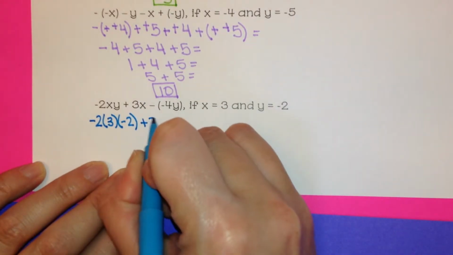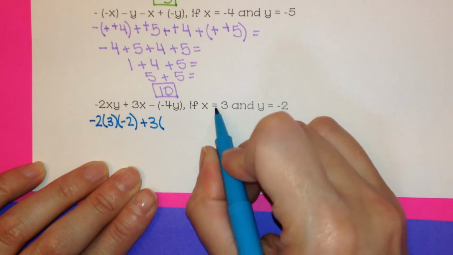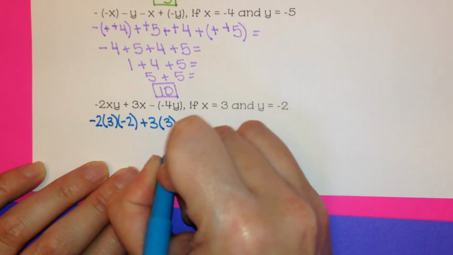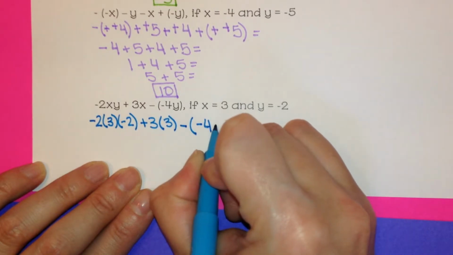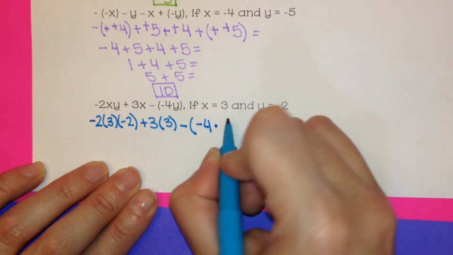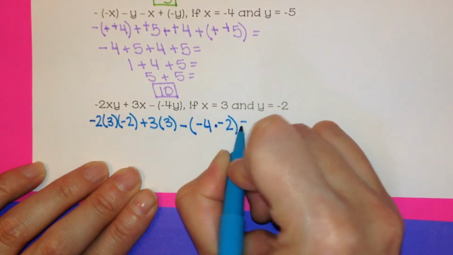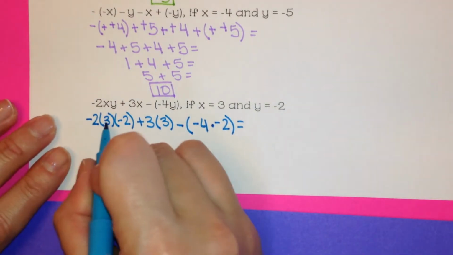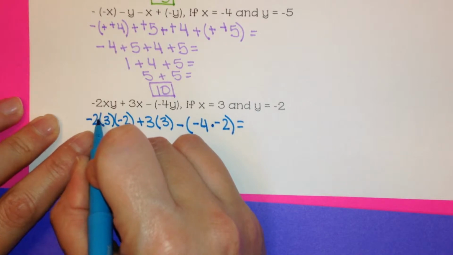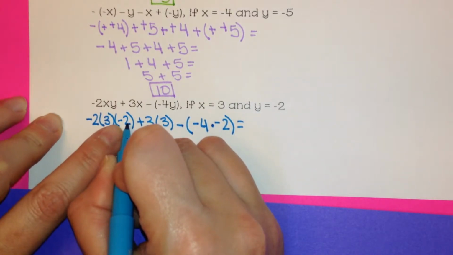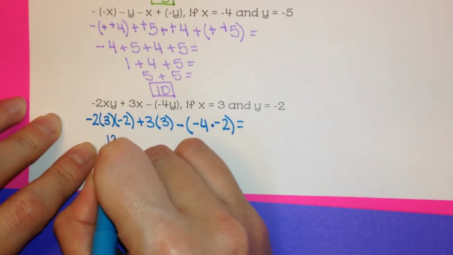Bring down the plus. 3 times x is 3, minus negative 4 times the y value, which is negative 2. So I have negative 2 times 3 is negative 6. Negative 6 times negative 2 is positive 12.